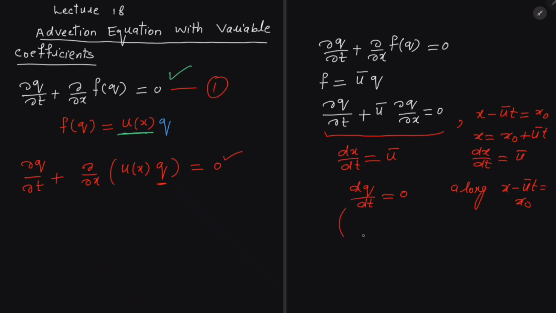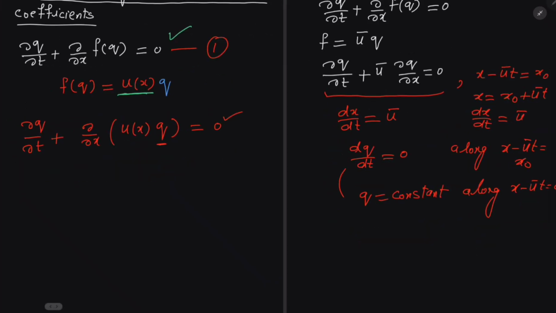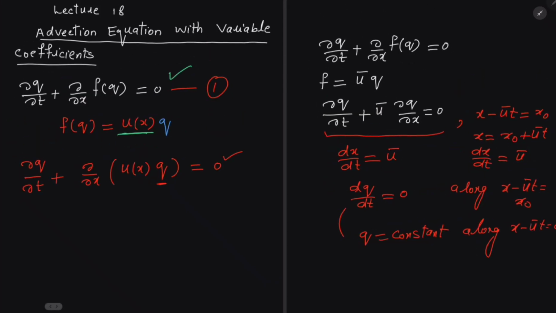So it means that q is constant along characteristics. Okay, so this was what we did previously. Now we do the same. We try to understand what will happen if we have a variable velocity.